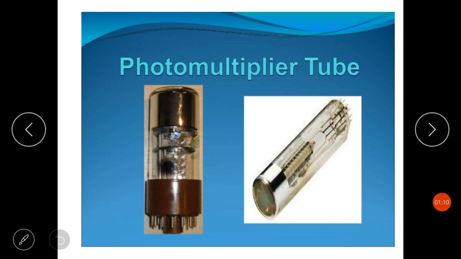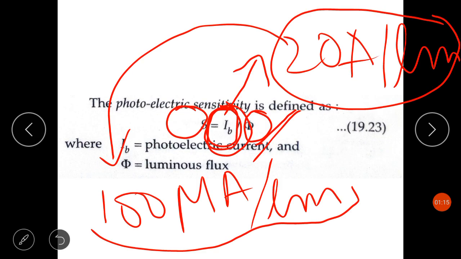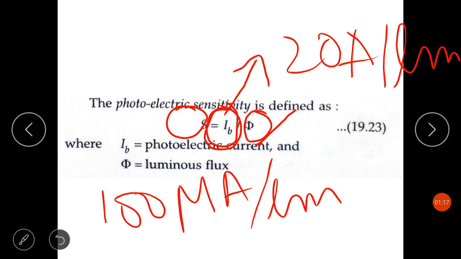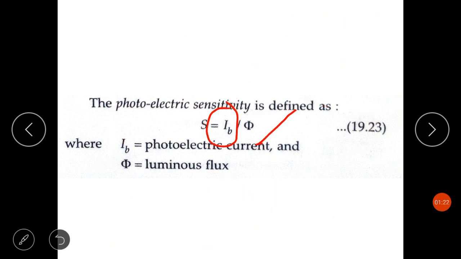So what is photoelectric sensitivity? As I've discussed in my previous lectures also, the photoelectric sensitivity is S equal to IB divided by phi, where IB is the photoelectric current and phi is the luminous flux or luminous intensity.